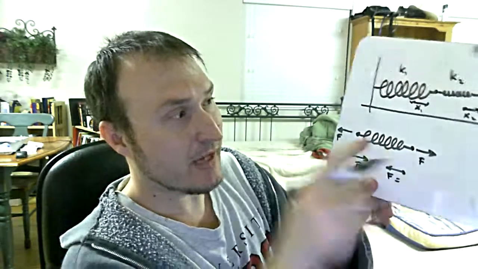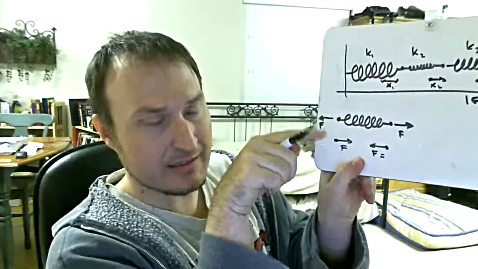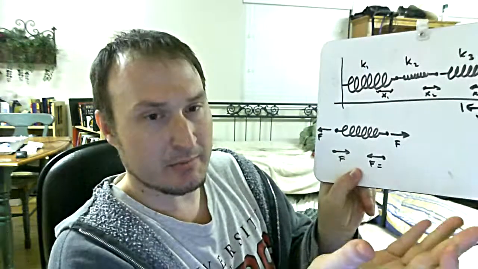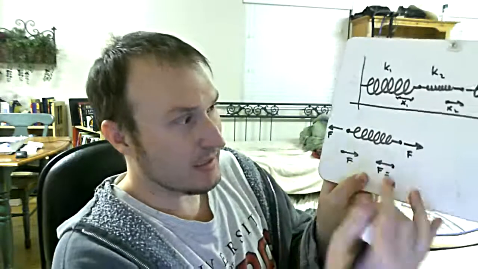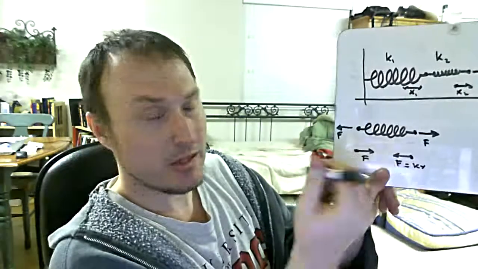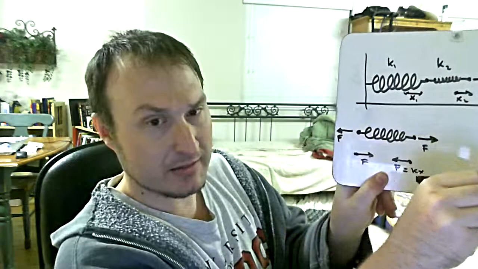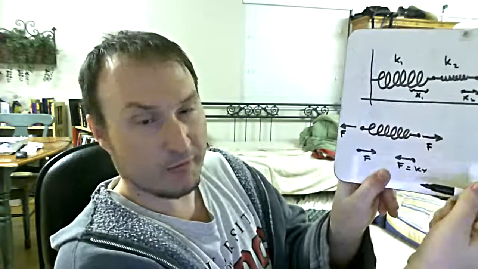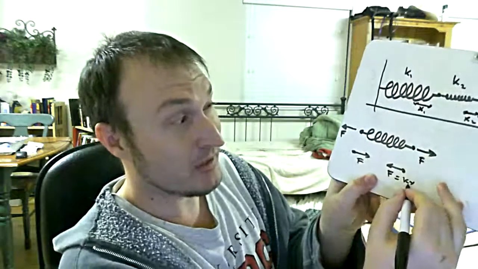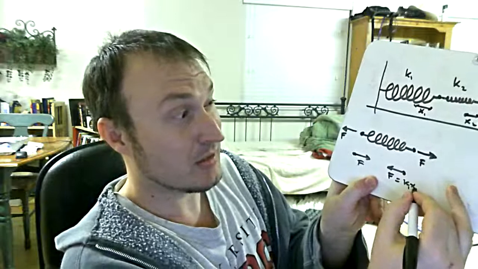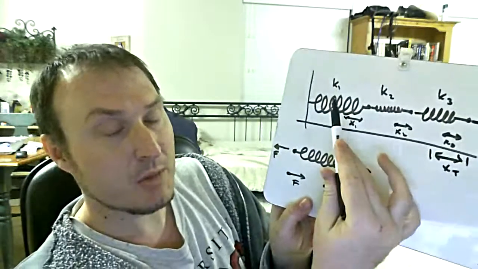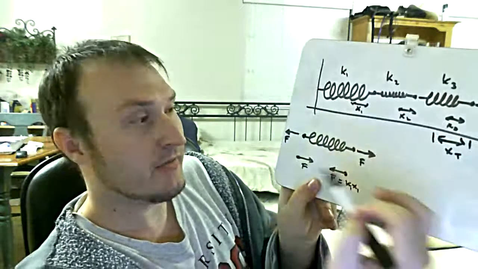So if I displace, and I'm being sloppy here, I apologize with my signs and my vectors, which way is going which, but this is going to be equal to kx because it's going in that direction. So if I displace the spring that way, then the restorative force is going to be back this way. Magnitude, and I'm sorry, this would be k1 times x1. And so that is however much this big spring is displaced multiplied by the spring constant of that spring.